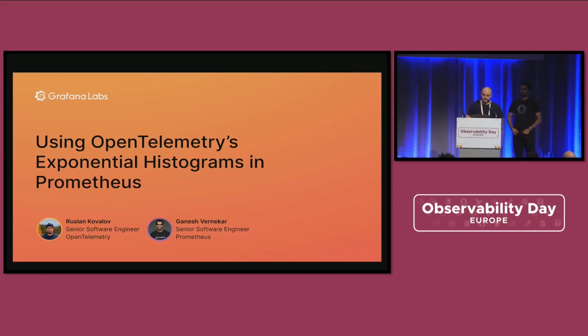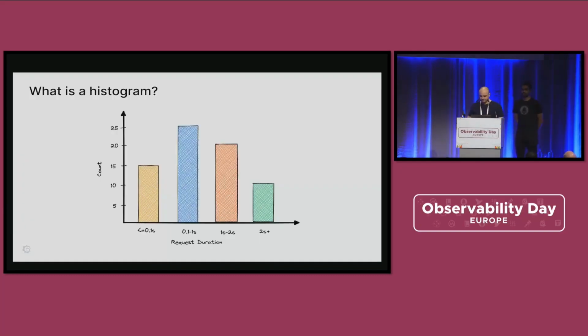He's also a team member of Prometheus, and he is a maintainer of Prometheus TSDB. My name is Ruslan. I am a member of the OpenTelemetry community, and at Grafana Labs, I'm working on OTLP data ingestion into Grafana Cloud. So, Ganesh?